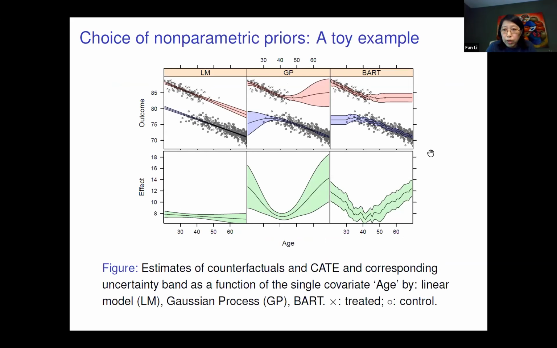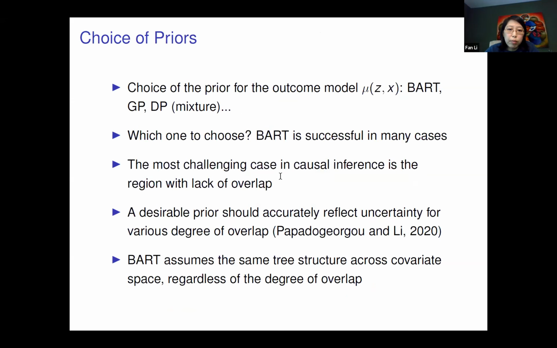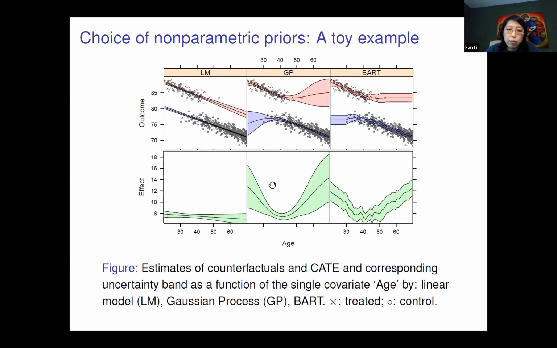So when you have lack of overlap, it will still underestimate the uncertainty in that region. That's all I can say. There are other models like GP that actually will do better because it's more like local smoothing, but GP has its own issues. I don't have time to talk about that. That's in the paper, but the point is that the choice of prior is important.